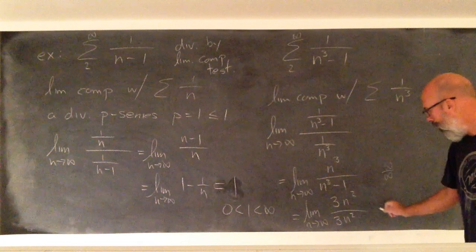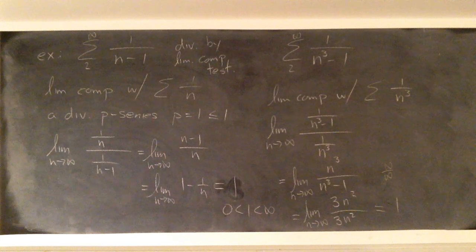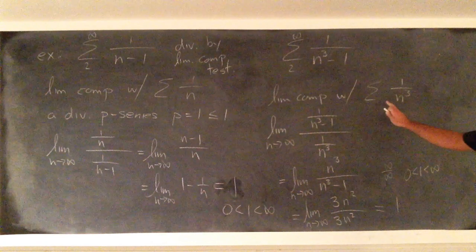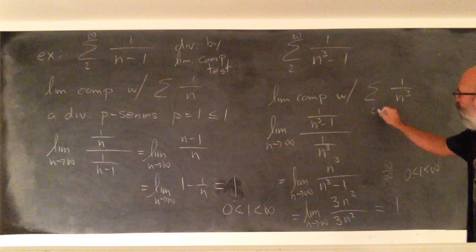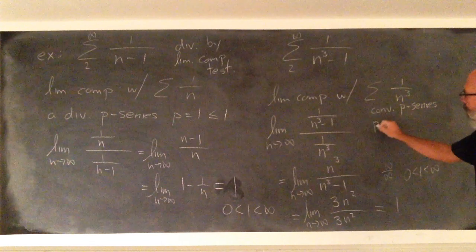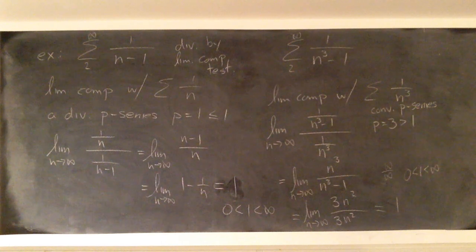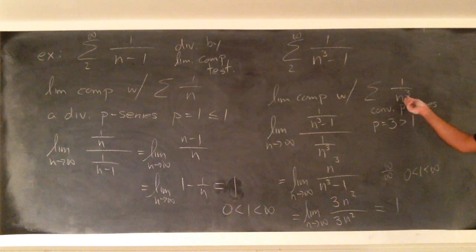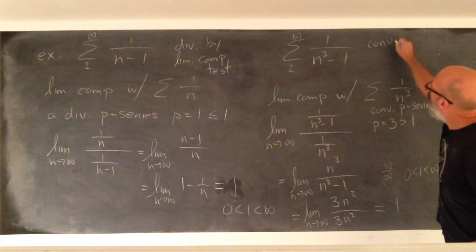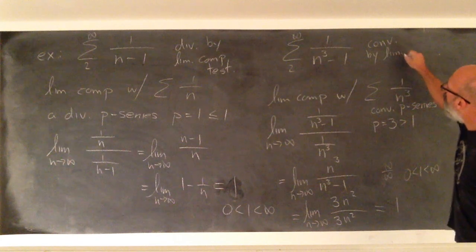And now it's clear that this limit is 1. Once again, 1 is between 0 and infinity. So both series converge or both diverge. We started out with a convergent p-series, where p is equal to 3, which is bigger than 1. This series converges, so this series converges by the limit comparison test.